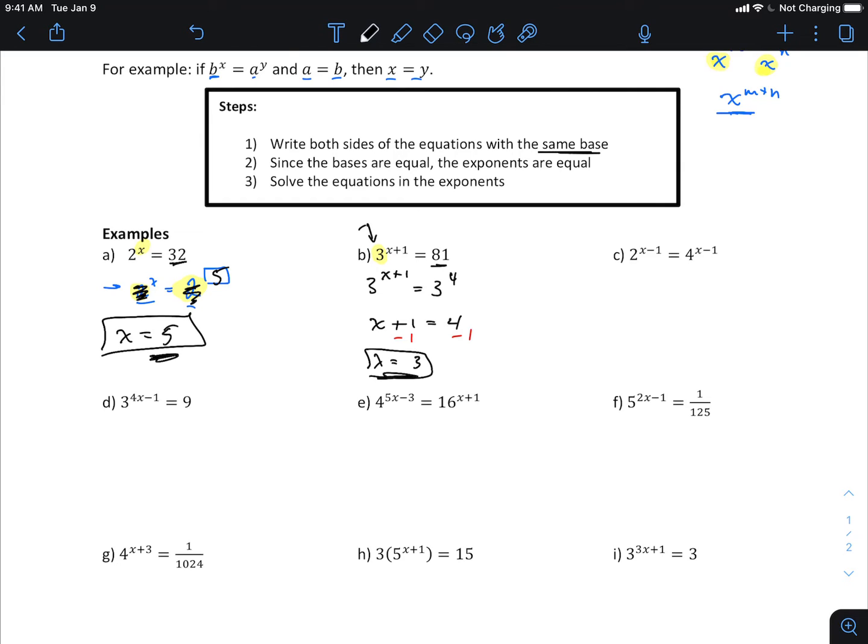Plug in the value that you found and see if it works. Well, 3 to the 3 plus 1 has to equal 81. So you can confirm 3 to the power of 4 equals 81. If it does, then you know you're right.